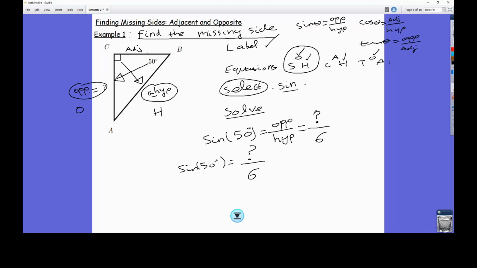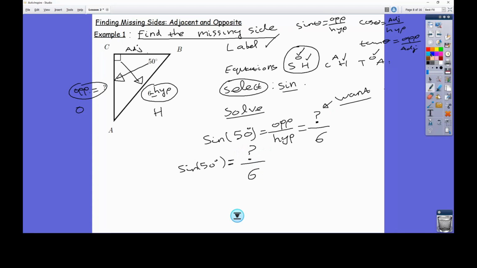Now, I want to find that question mark. So I need to remember solving equations, specifically a one-step equation. Solving an equation is all about getting the unknown on its own. So I need to essentially get rid of that 6. I'm going to use a different color.